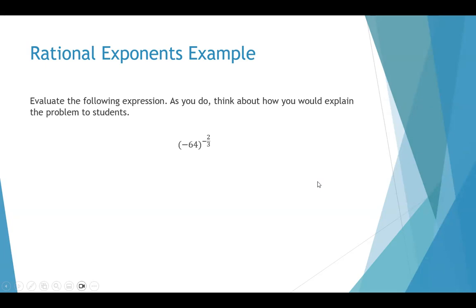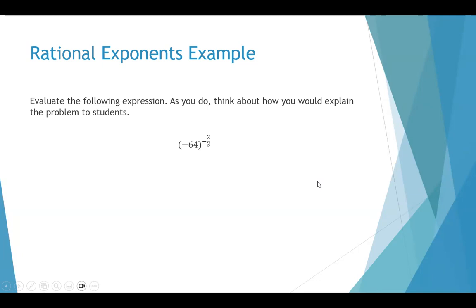I am negative squaring it, so it becomes 1 over negative 4 squared, and that becomes 1 over 16. So that is 1/16.